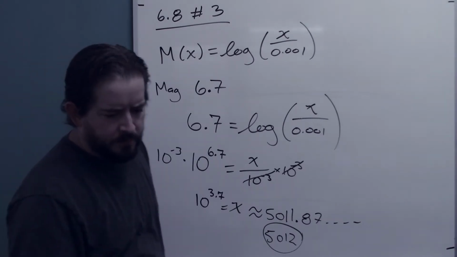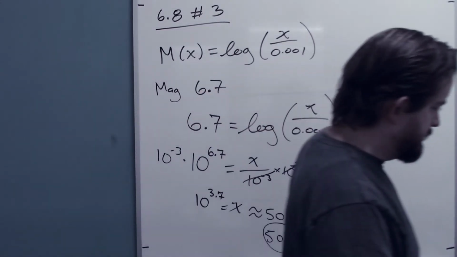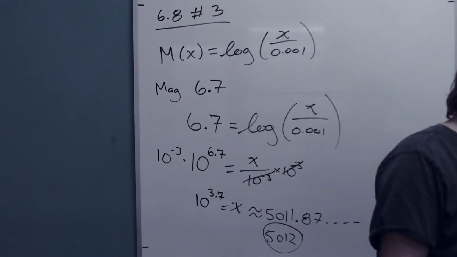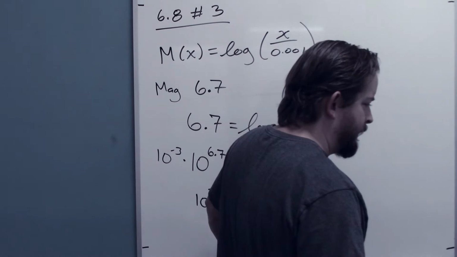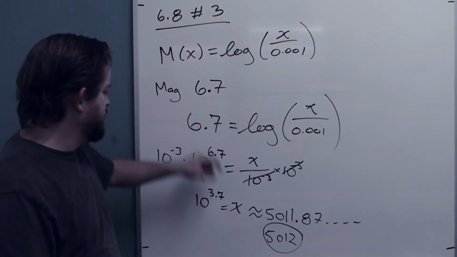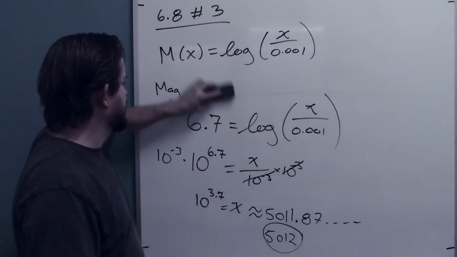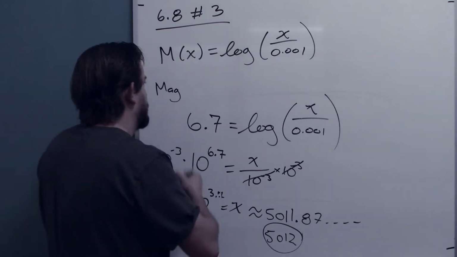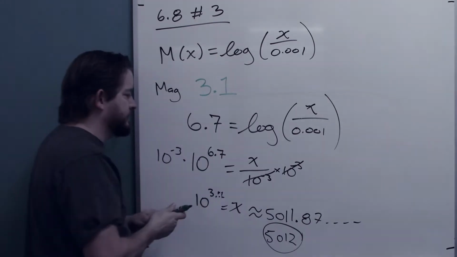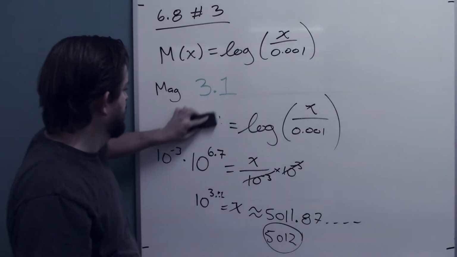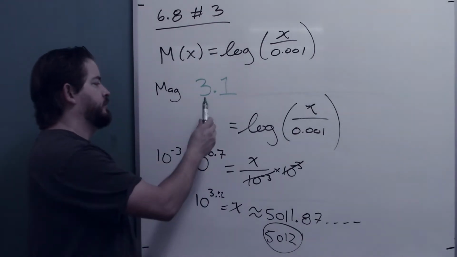Good. Let's look at the next one, number 4. And it's the same question, except now we're doing a 3.1 in magnitude. And you'll note that it's essentially the same problem, just with a 3.1 here.